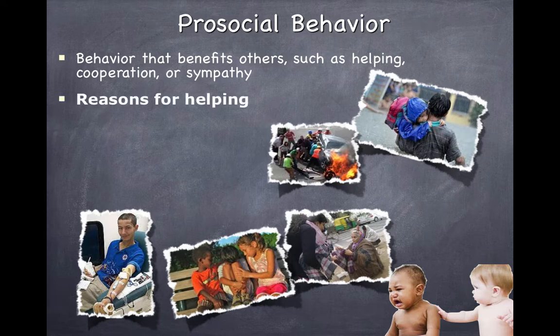Now, reasons for helping, well, there's altruism. This is that behavior that we exhibit that is aimed at helping other people, where it requires some degree of sacrifice maybe on our part, but there's no personal gain being achieved by doing that. So altruism is reaching out to help where you're not looking for something in return.